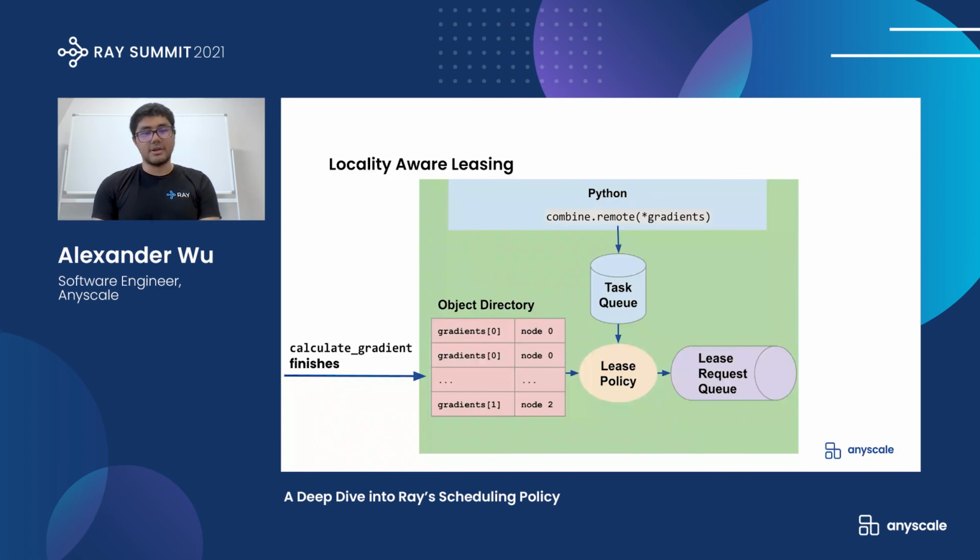It'll pick a node, ideally the node that would require downloading the least amount of data. And then we'll queue up a lease request to send out. Maybe we'll use that lease request, but maybe we could also take advantage of the worker reuse policies that we've talked about before. Okay, and then finally, we'll actually send out that lease request.